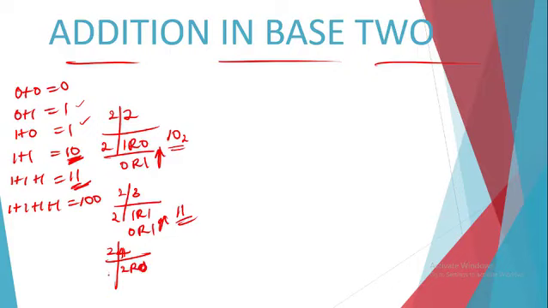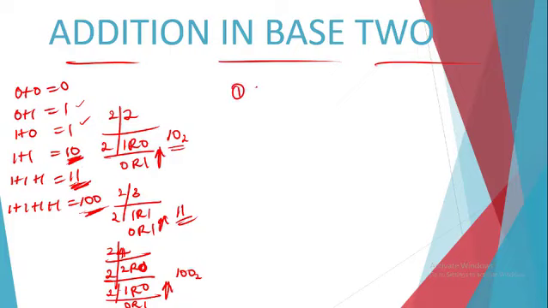Then 2 divided by 2 gives 1 remainder 0, and 1 divided by 2 gives 0 remainder 1. We pick our answer this way and have 100 base 2. So 4 is equal to 100, 3 is equal to 11, and 2 is equal to 10 in base 2.